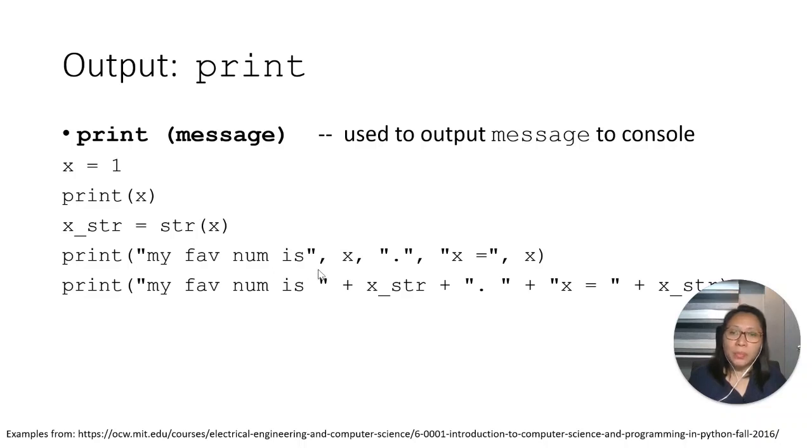This comma means we print this string, and then, after the comma, print the value of this variable x. Then comma, print this string again, and so on. Take note that if we use a comma, we may put inside the parenthesis mixed types of objects. So we may have a string and then an integer.